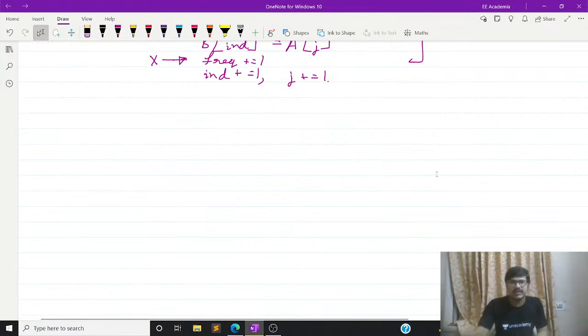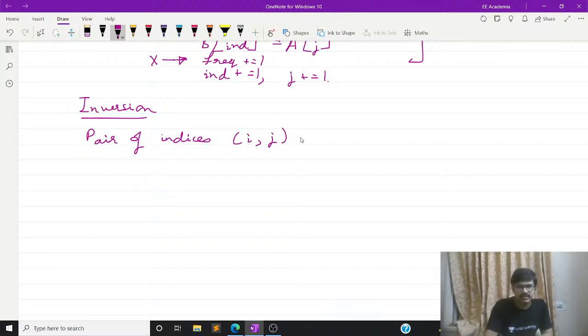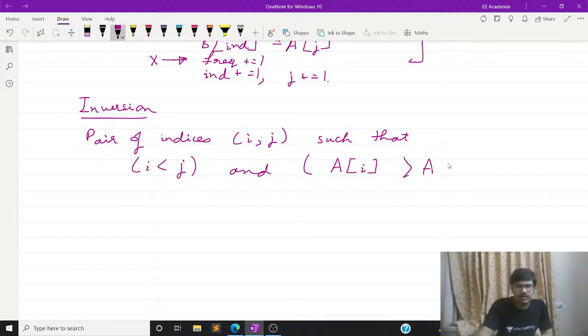Okay, you can just reply in chat if you want. Otherwise, I will tell you some interesting things. Like, do you know what an inversion is? An inversion is a pair of indices i, j such that i is less than j and a of i is greater than a of j.